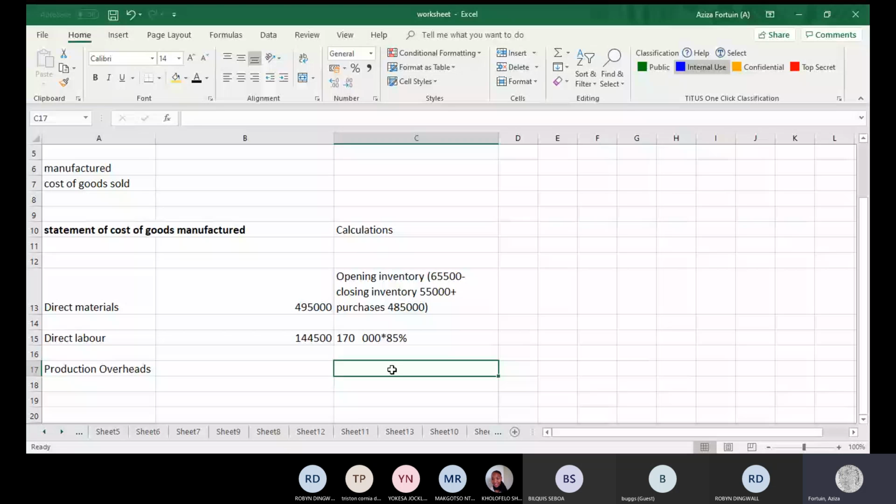So let's do our production overheads. They said to us that production overheads are absorbed into the cost of production by means of a plant-wide rate of 200 Rand per machine hour. Okay, so what do we do with that?